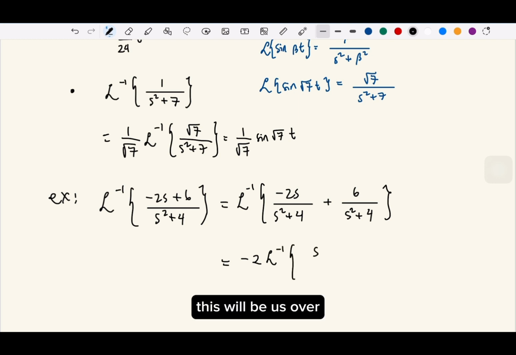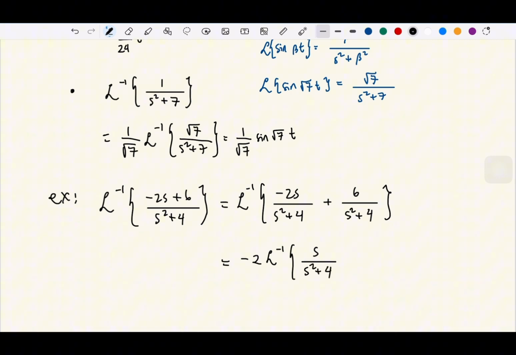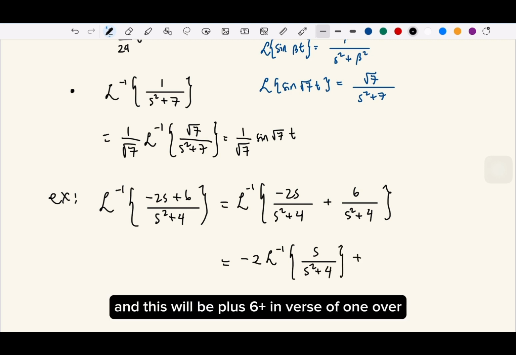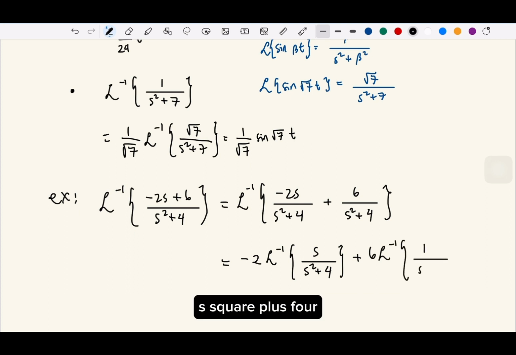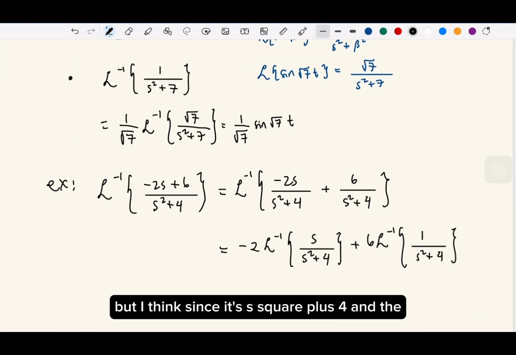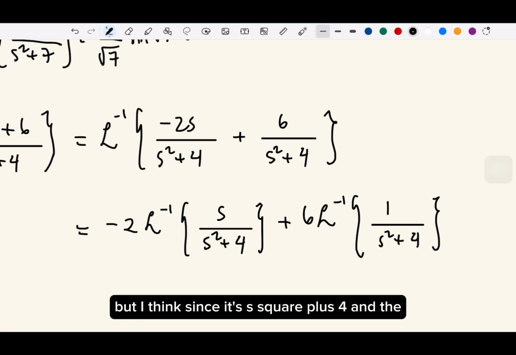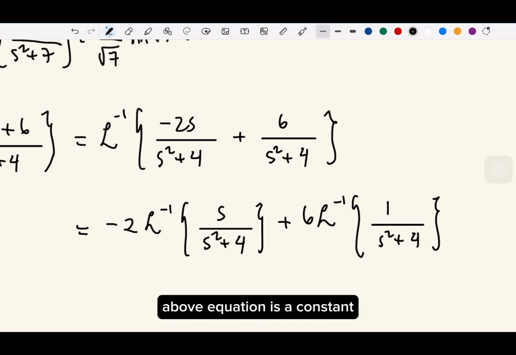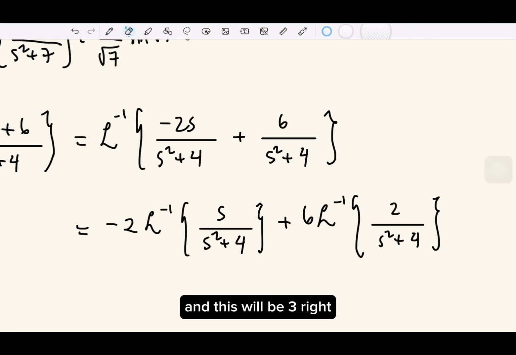This will be negative 2 Laplace inverse of s over s squared plus 4, and this will be plus 6 Laplace inverse of 1 over s squared plus 4. But since it's s squared plus 4 and the above is a constant, I will make this into just 2, and this will be 3, right?